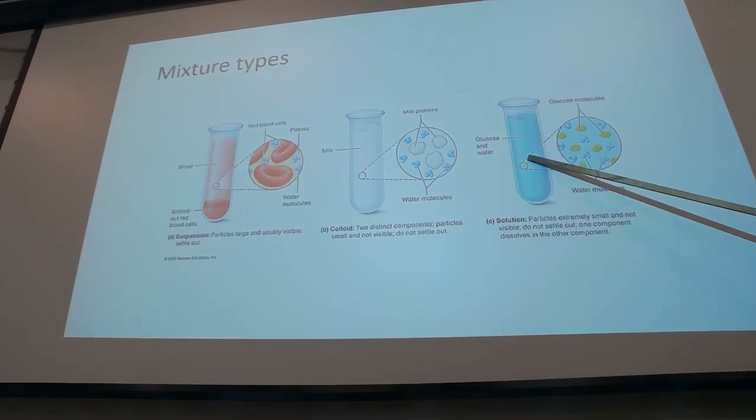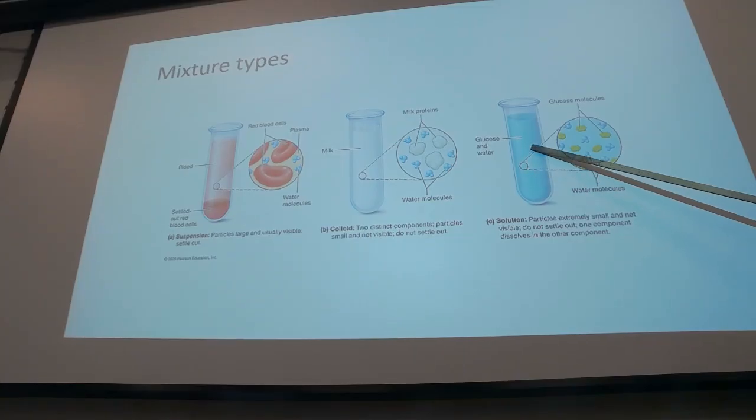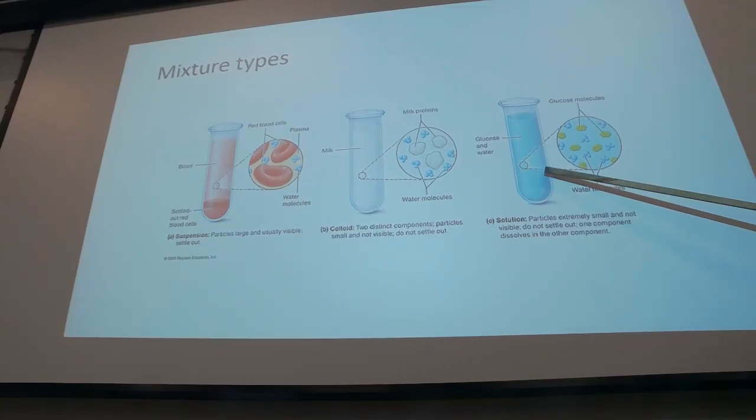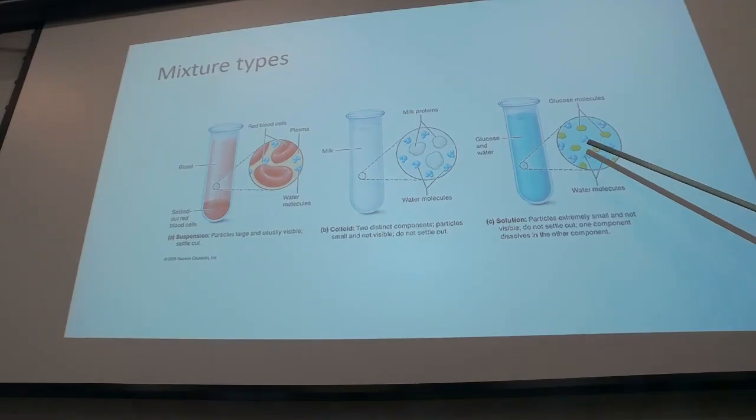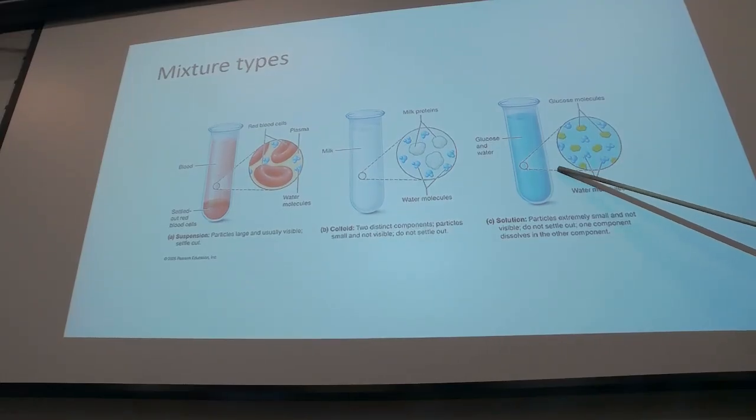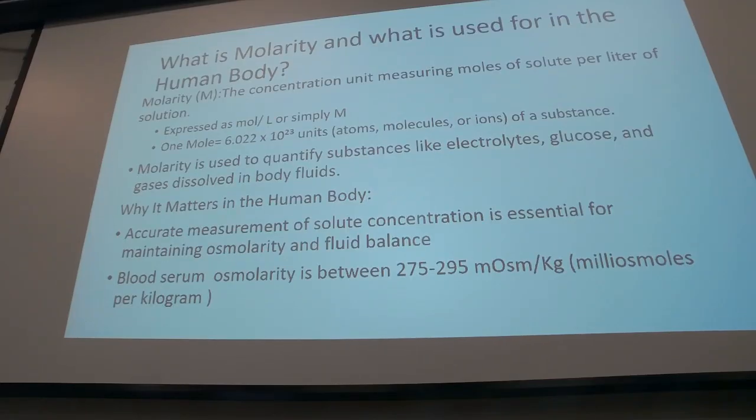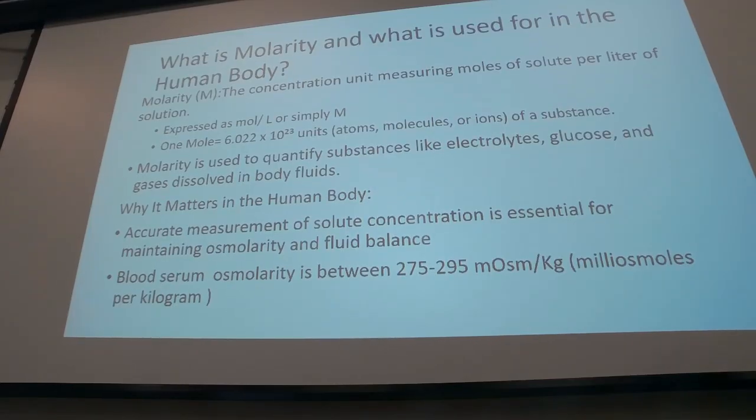A solution will be when the particles are extremely small and they're not visible, they don't settle out. Once the component dissolves, like in this case glucose molecules dissolving in water, they remain in the solution. They don't precipitate or fall out of the solution.